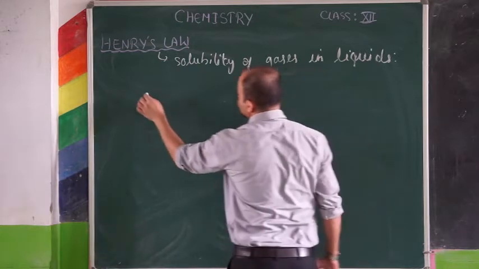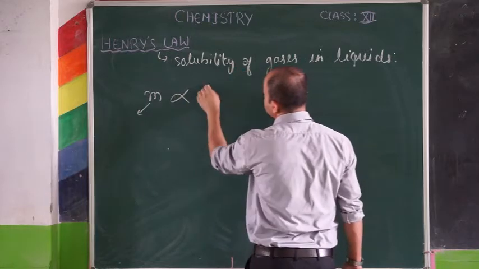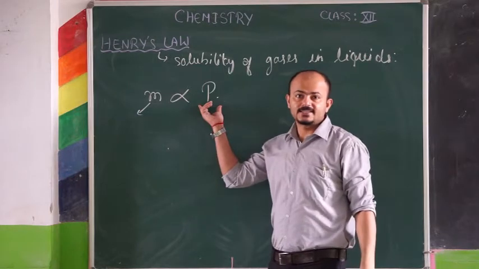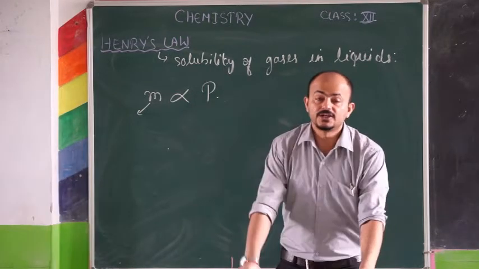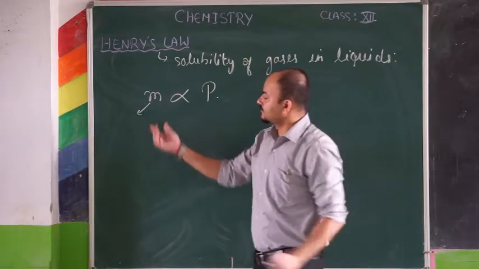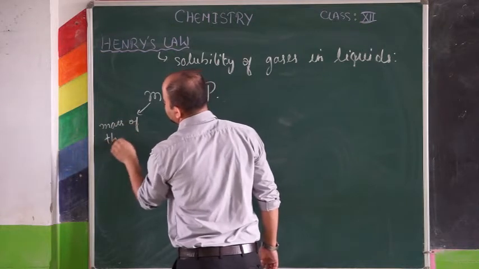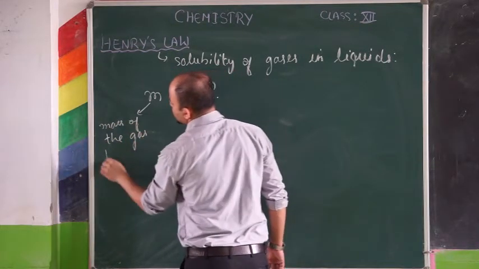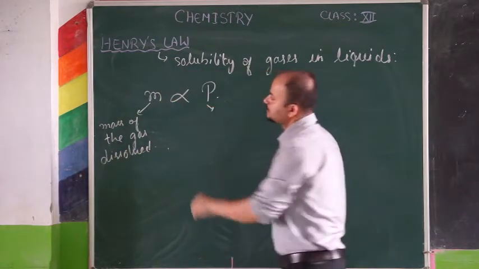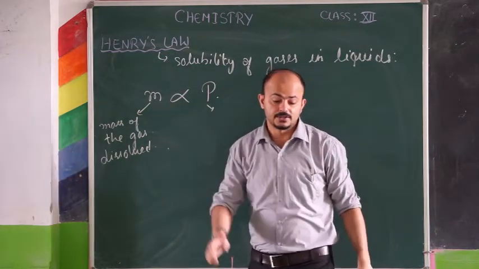So the mass of the gas dissolved is directly proportional to the pressure of the gas in equilibrium with the solution at a given temperature. Here m is the mass of the gas which is dissolved. Now this depends upon what? The pressure of the gas at equilibrium at a given temperature.